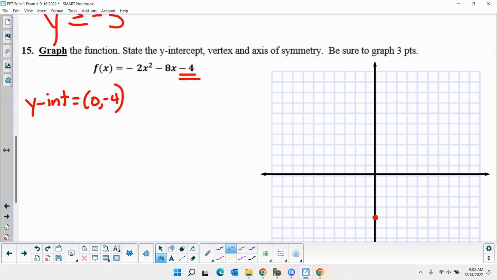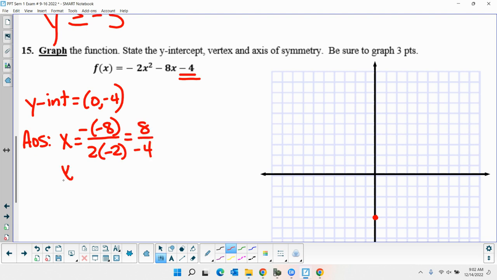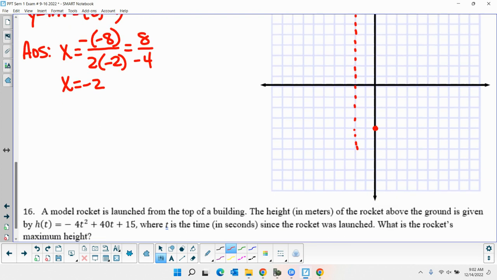Okay, I like to do axis of symmetry first, using my negative b over 2a, which would be +8 over -4, so that's x equals -2. So there's my axis of symmetry.